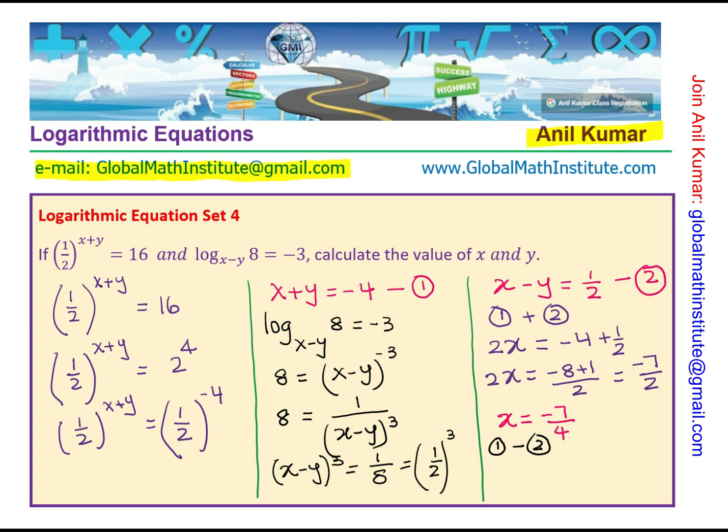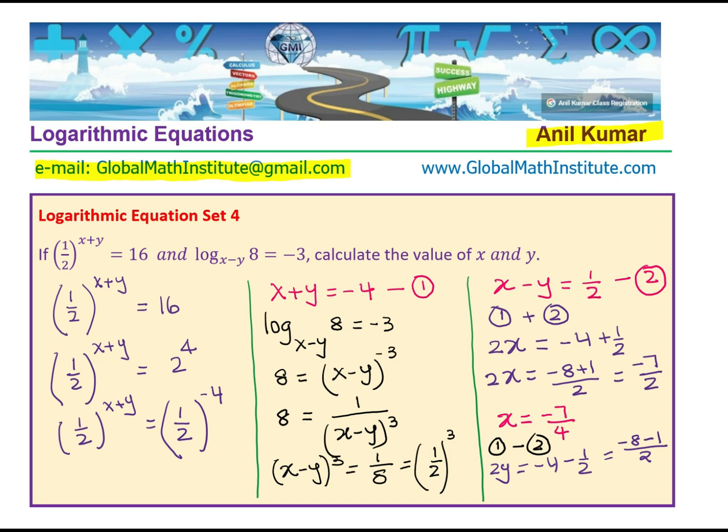We get 2y equals, I'll just squeeze it in here, okay? 2y equals minus 4 minus half, since we are subtracting. Perfect, and that is minus 8 minus 1 over 2. So we get the value of y as minus 8 minus 1 is minus 9, and we are also dividing by 2.